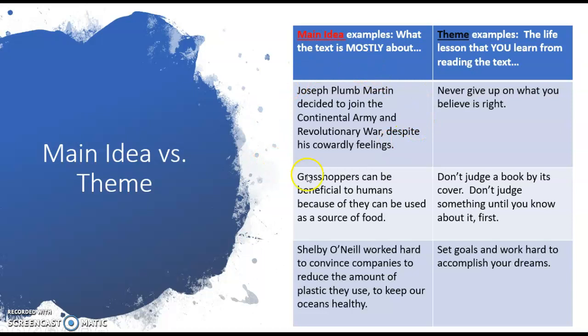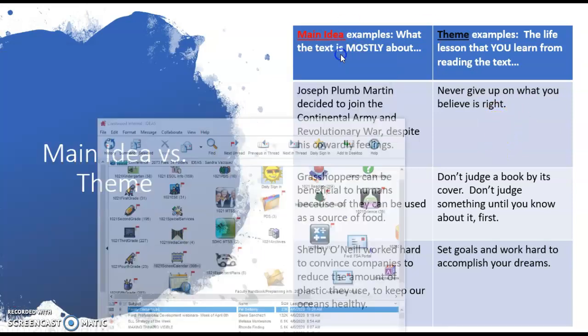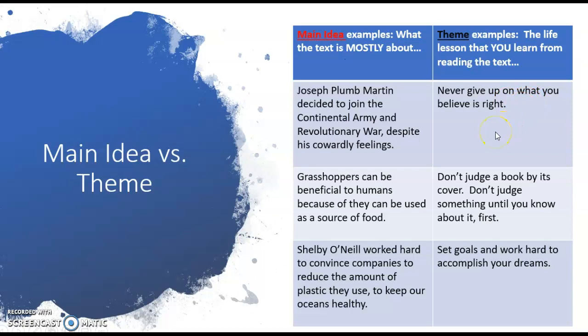This is what the text was mostly about. Now, if I was asked to give the theme of that text, this is what it would sound like. Never give up on what you believe is right. Okay, so do you see how different they sound? One is telling me what the text was mostly about, and the other one's kind of giving me a life lesson here. They're very, very different.